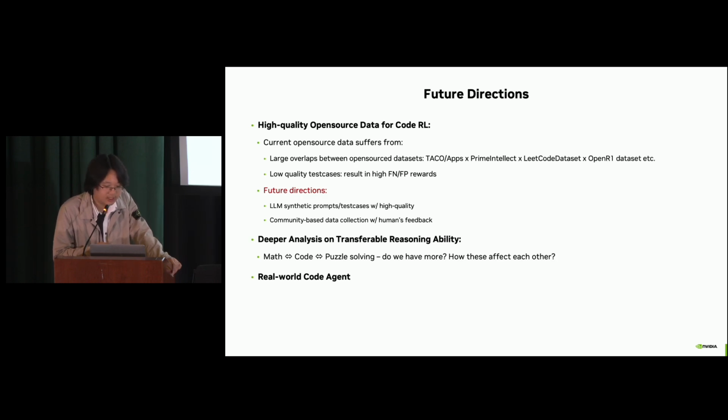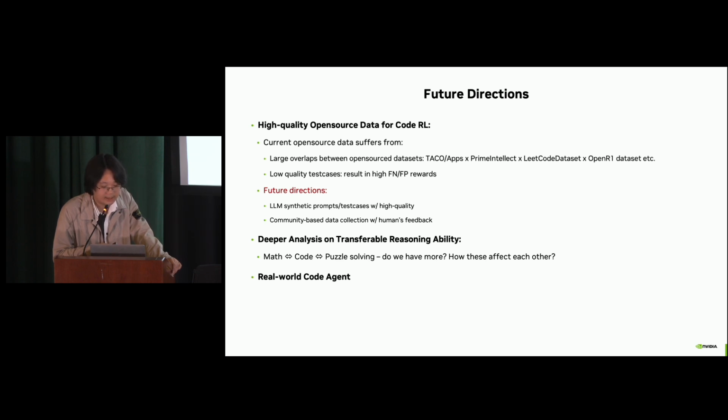Some possible future directions: first, can we use large language models to generate high quality test cases or high quality test case generators? I think some follow-up works are already doing that, and their generated test cases are proven to be strong. Also, is it possible to have community-based data collection with human feedback?